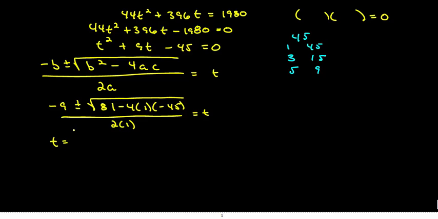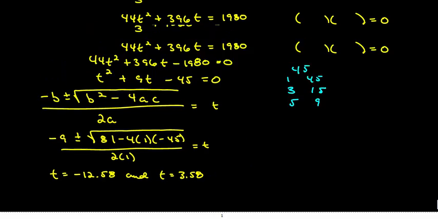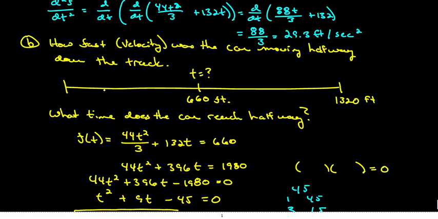When I calculate that out, I think we get t equal to negative 12.58, and t equal to 3.58. Now, once we get these two answers, we want to notice that the t value is clearly positive. Negative doesn't even make any sense.